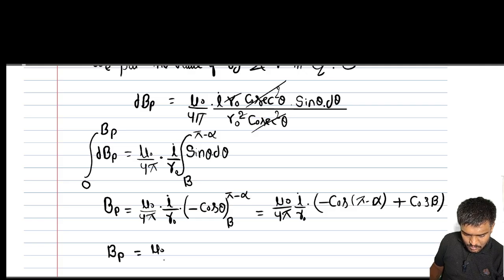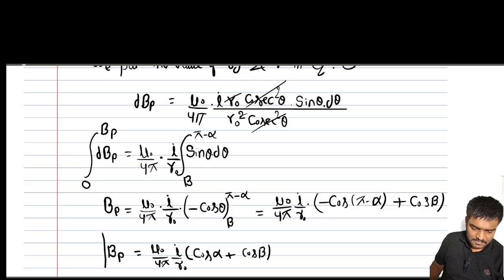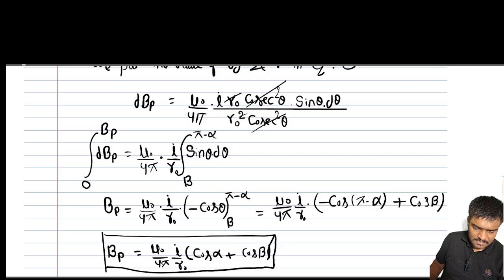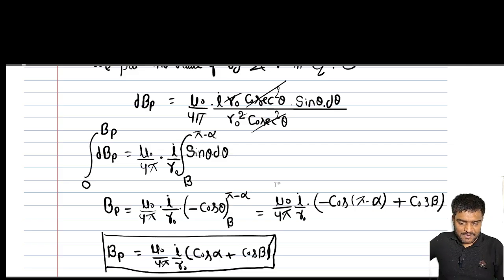Bp is equal to mu naught upon 4 pi, I by r naught, cos alpha plus cos beta. Okay, so this is the mathematical expression of magnetic field in terms of alpha and beta.